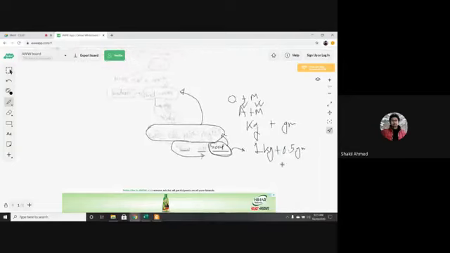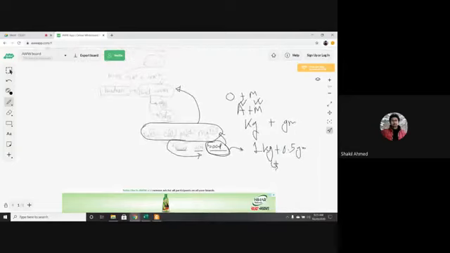Either you have to change it to gram, or you have to change gram to kg. So you can write 1000 gram plus 0.5 gram. Now they're the same unit, so you can add them: 1000.5 gram. Is it clear?